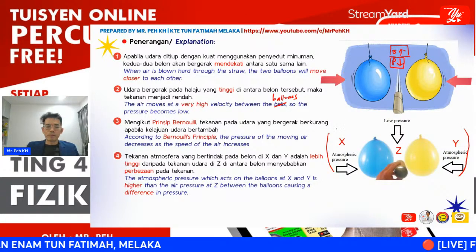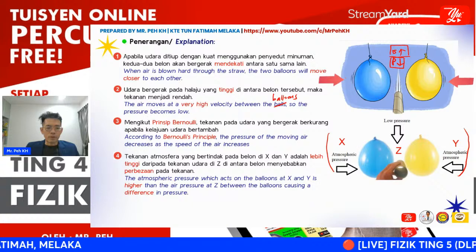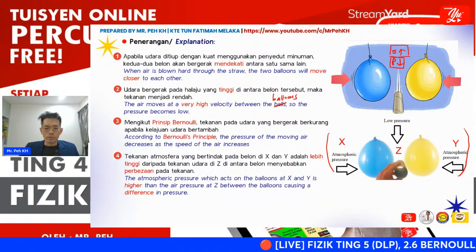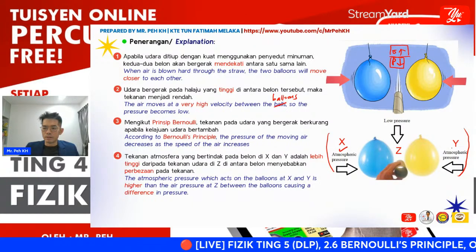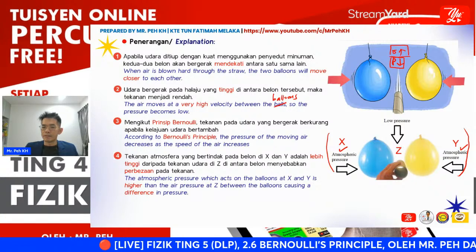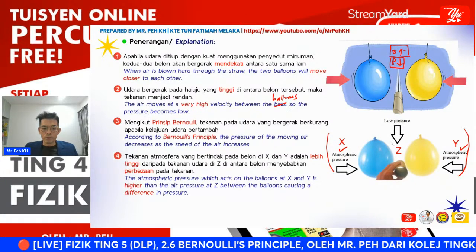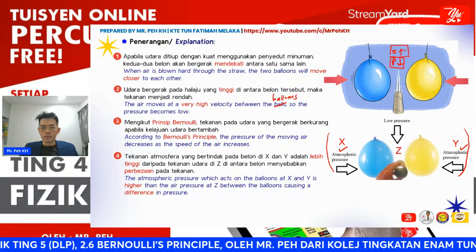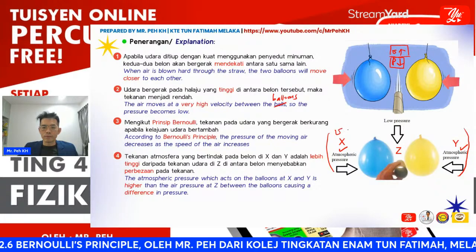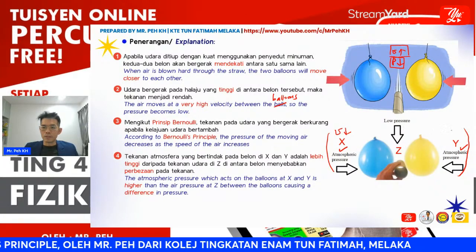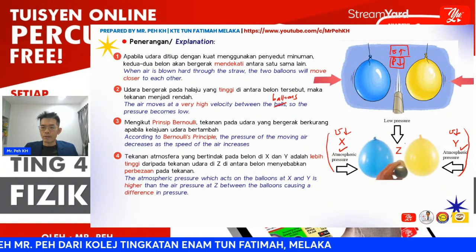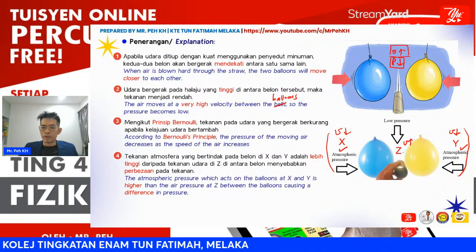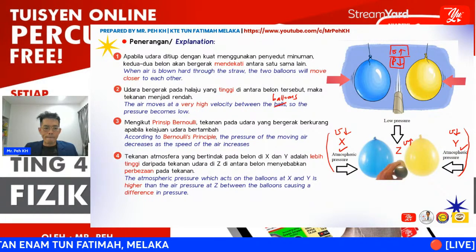Okay, so here you can just look at the figure labeled with X, Y, Z. The atmospheric pressure which acts on the balloons will be X and Y, in this region outside the balloon region. It is higher because the velocity of air there is lower compared to the region between the balloons.